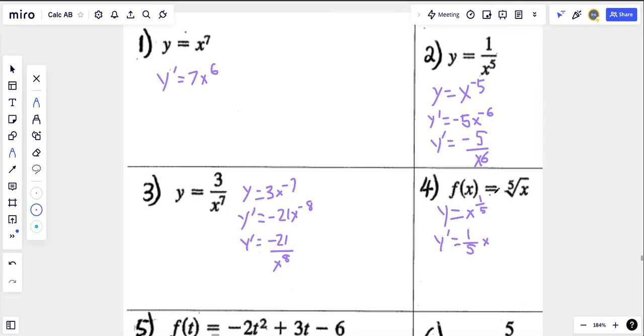You reduce the 1/5 by 1. 1/5 minus 1 is negative 4/5. And you want to get rid of the negative exponent. So y prime is equal to 1 over 5 times x to the 4/5.